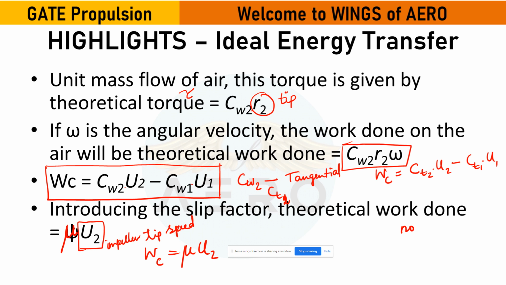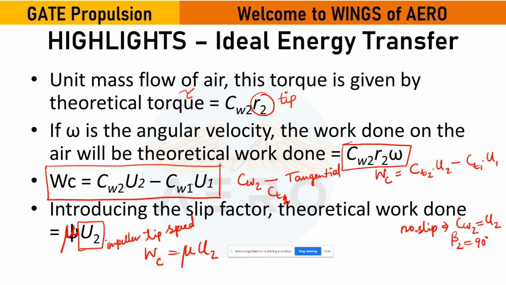In no slip condition, what happens? Cw2 is equal to U2. If Cw2 equals U2, that means beta 2 equals 90 degrees, as in that graph.